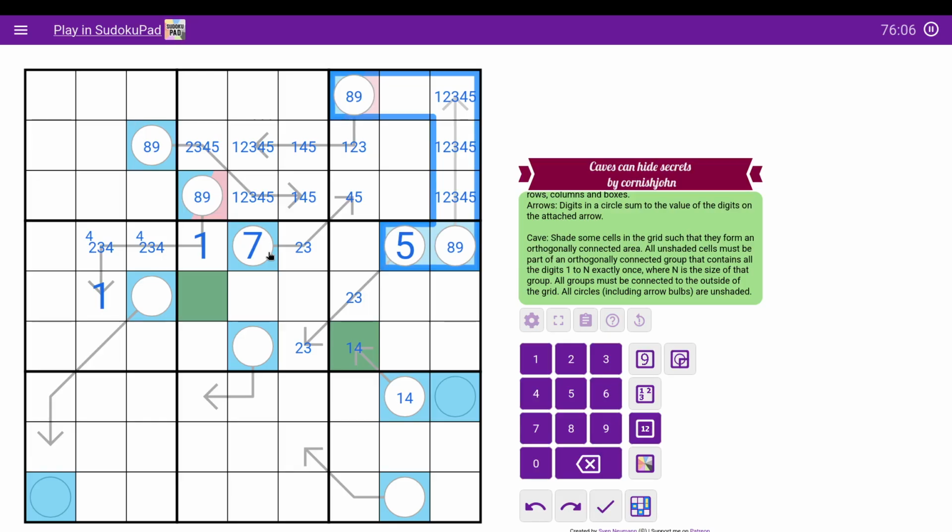I didn't find a contradiction. This is a group, that's a 5, that's a 2, this is a 3, 4, this is 9, 9, 8, 8. This is 8, these add up to 7, so that makes that a 2.